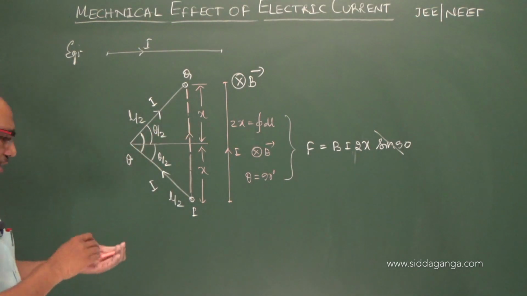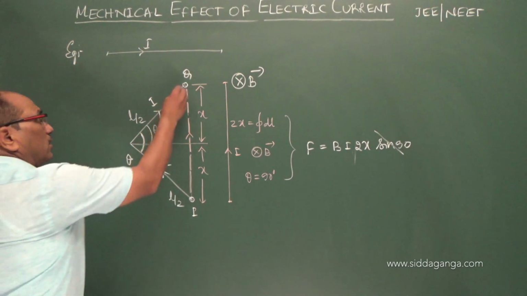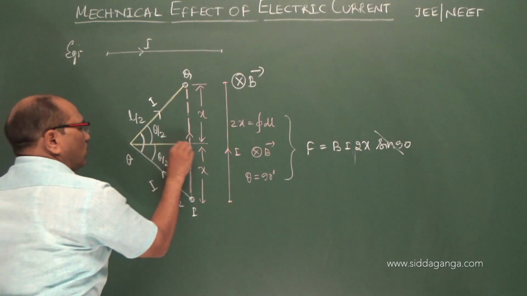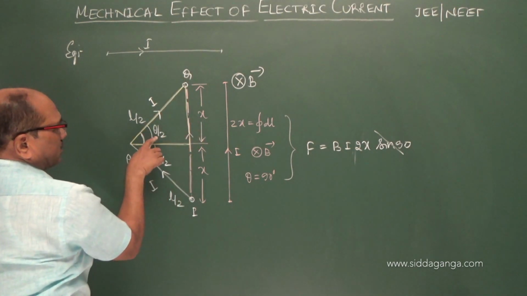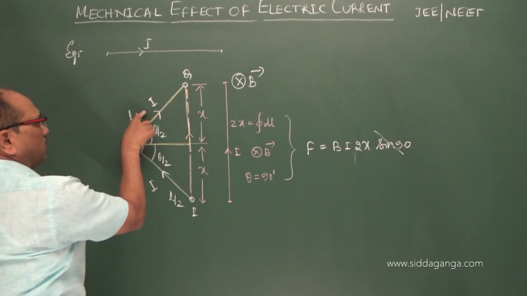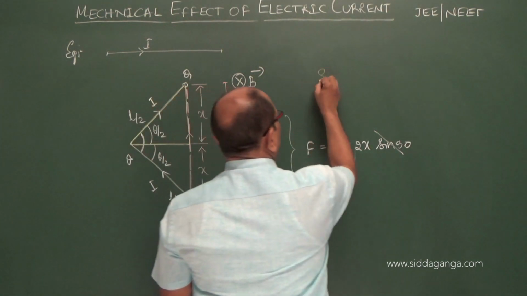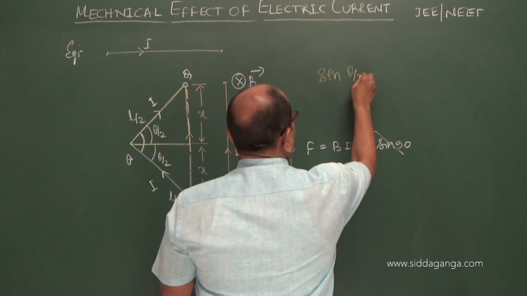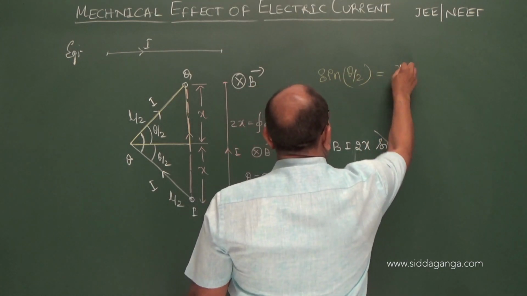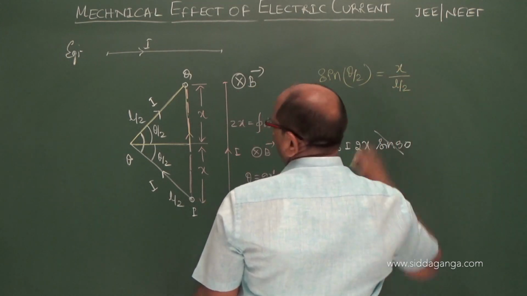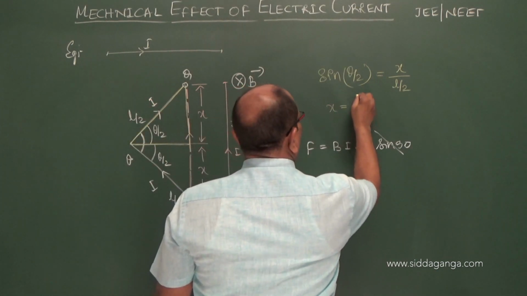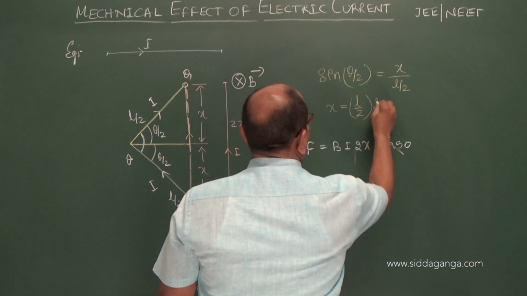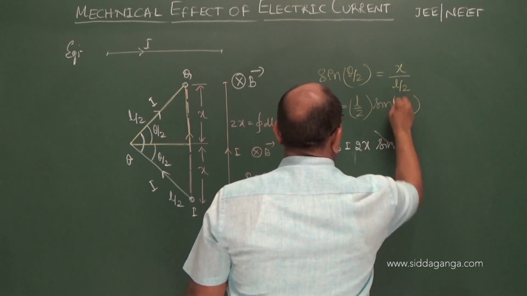What is x in this triangle? In this triangle, sine theta by 2 is opposite side by hypotenuse, that is, sine theta by 2 is x by L by 2. So x is equal to L by 2 times sine theta by 2.